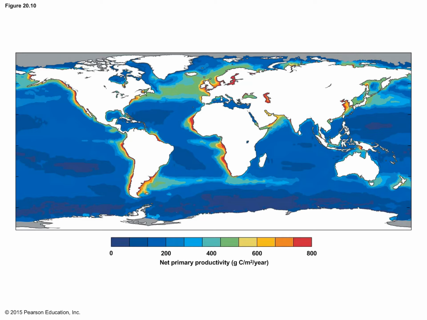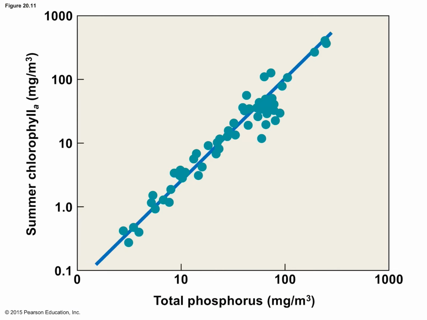Okay, so phytoplankton net primary productivity, which can be estimated by chlorophyll concentration, is strongly correlated with total phosphorus concentration. We know that. That's a well-documented pattern. Here you see an example of it. Here we have total phosphorus in milligrams per cubic meter of water, going from 0 up to 1,000, and here we have summer chlorophyll concentration, milligrams per cubic meter.